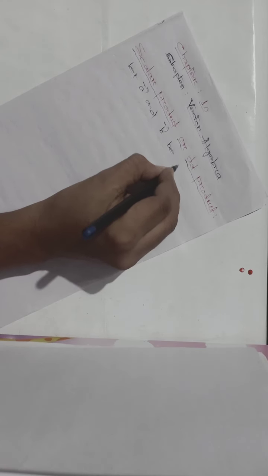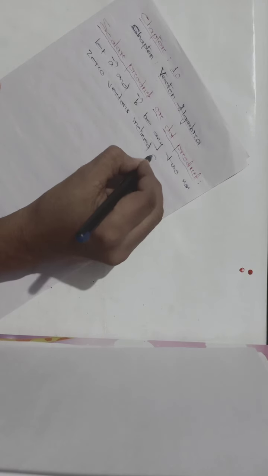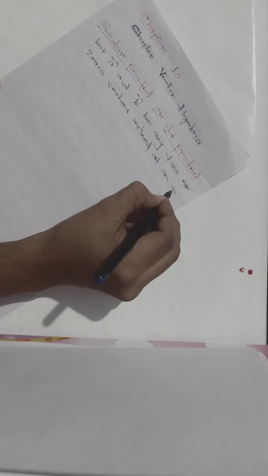Let A and B be any two non-zero vectors, inclined at an angle theta.